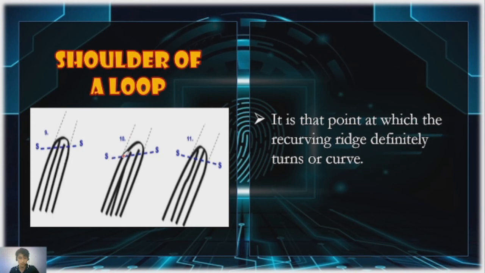It is the point where the recurving ridge starts to turn, and then turns back. That is what we term the shoulder of the loop. Sometimes we also use this in specifying the core of our pattern.